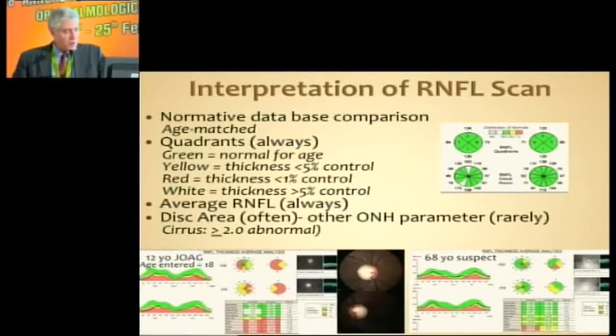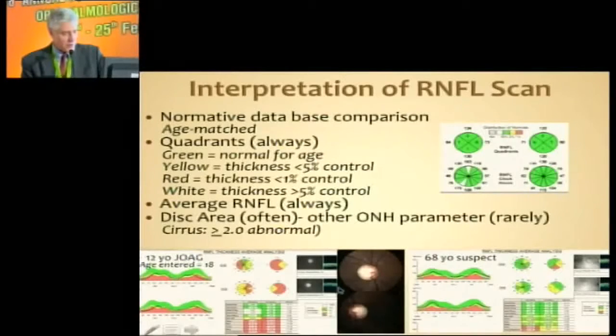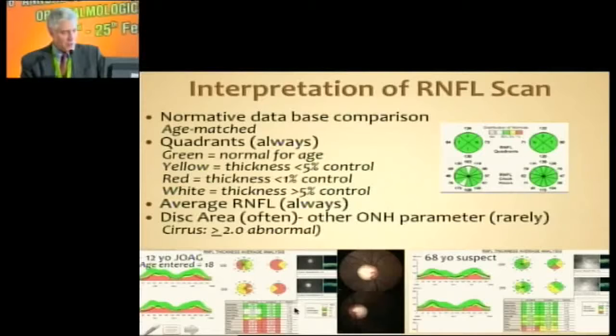We always use the average RNFL analysis, which is printed on the Cirrus in these little boxes up here somewhere, the average. In the Spectralis, it's in the center display of the quadrant analysis. And the average number we always record for every patient, because if that shifts greater than 4 or 5 microns, you know that there's something significant going on as well. The disc area I oftentimes look at, that's one of these little numbers here in these boxes.